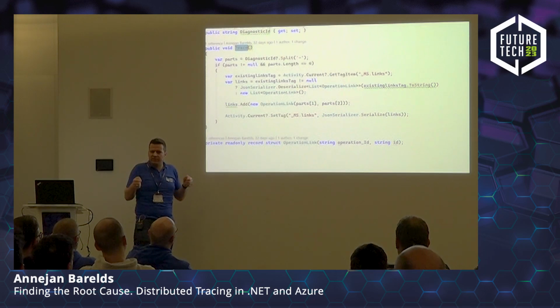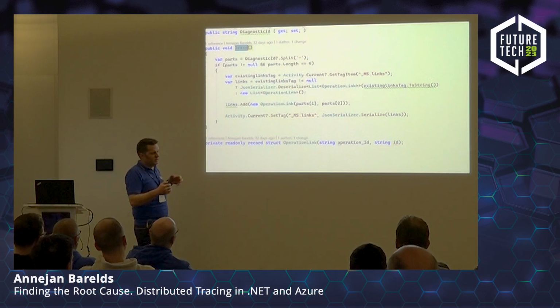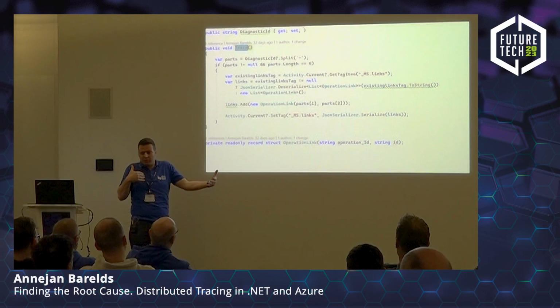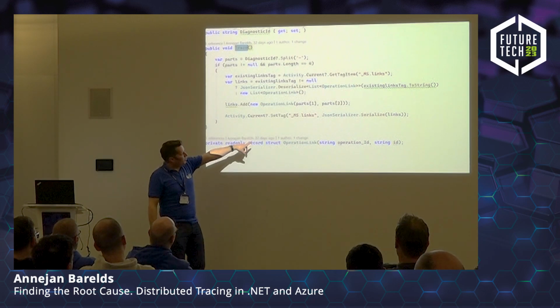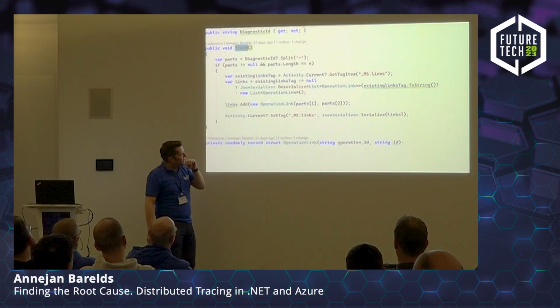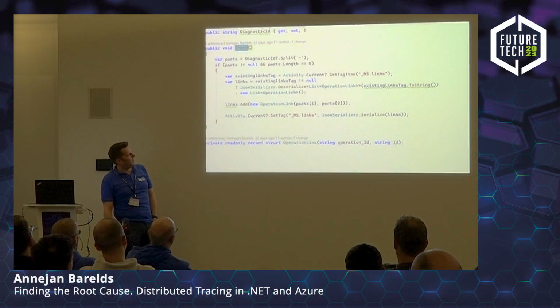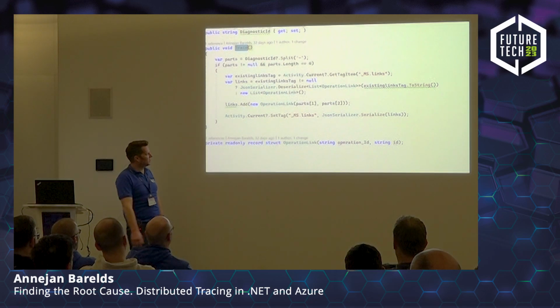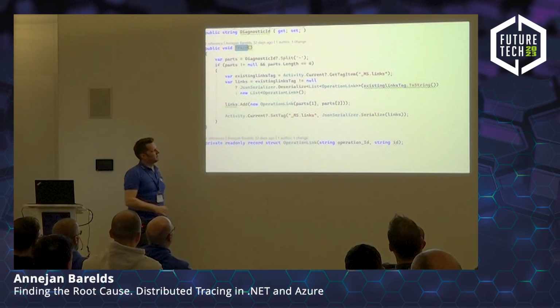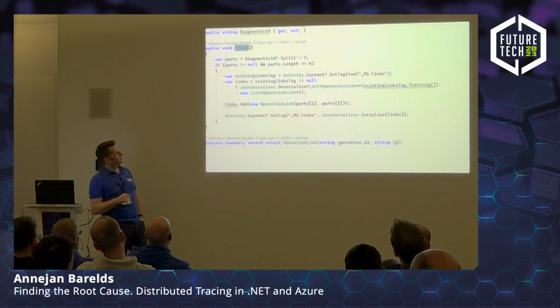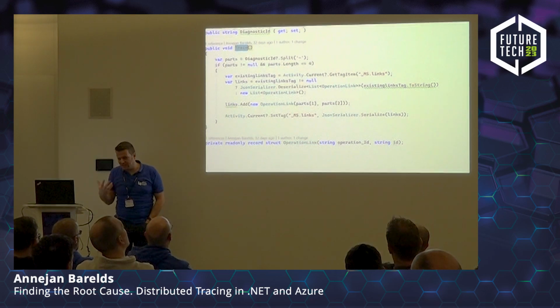For each event, I'm building that string, and since I'm potentially processing multiple events, I'm shoving them in an array, with the interesting name _ms.links. Not sure why that is, but that's the way it works. And I'm setting that as a tag in the current activity. And that's basically it.